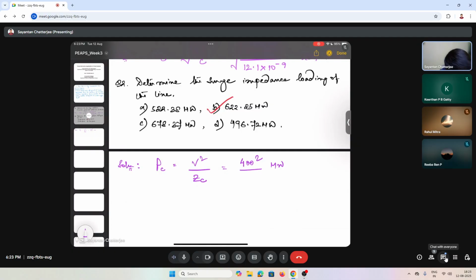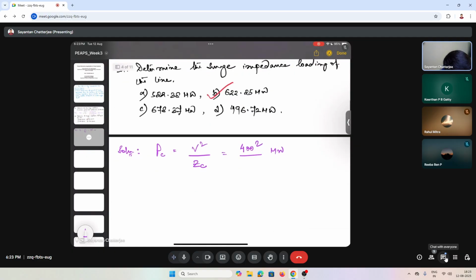So we can ensure that we are obtaining the result in megawatt by considering kilovolt square. So characteristic impedance will be 257.1. If you solve this, the answer will be obtained.